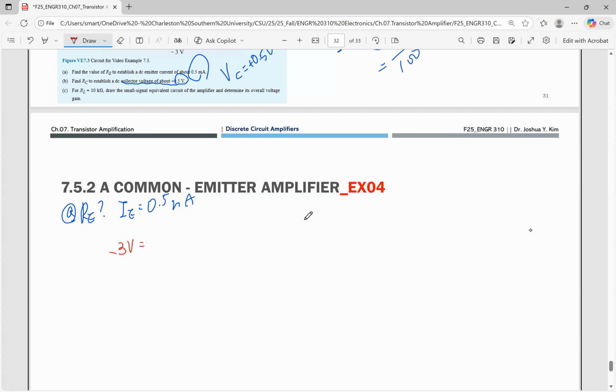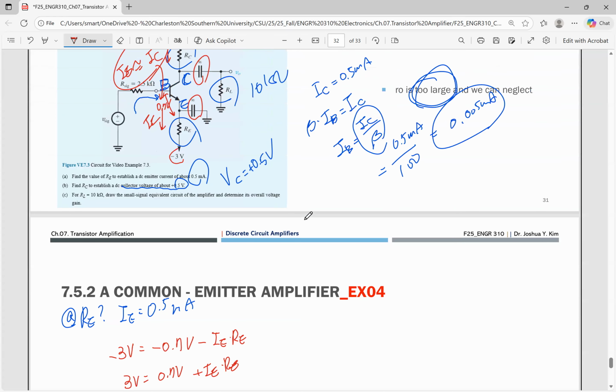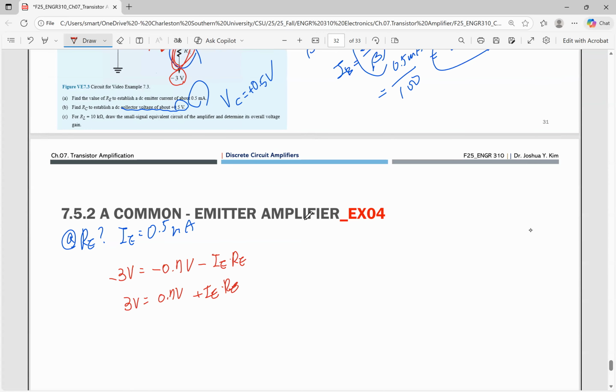Minus 3 voltage is minus 0.7 volt minus I sub E times R sub E. Or 3 voltage equals 0.7 volt plus I sub E times R sub E. So the supply voltage is the same as the voltage drop, the V sub BE, plus I sub E times R sub E. So in here, the R sub E is 3 minus 0.7, divided by 0.5 milliamp. That's 4.6 kilo ohm. Okay, sorry about that confusion.